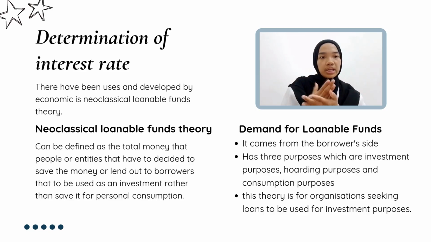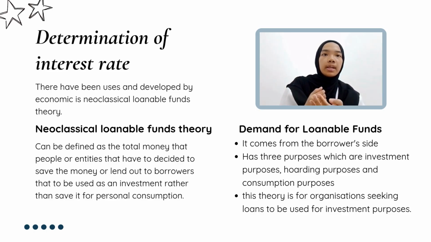The neoclassical loanable funds theory can be defined as the total money that people or entities have to decide either to save the money or lend out to the borrowers to be used as an investment rather than save it for personal consumption.